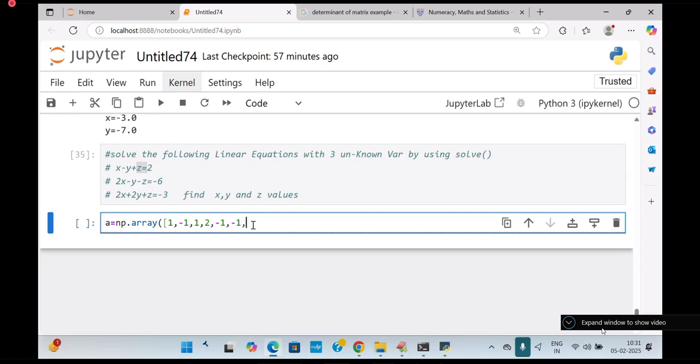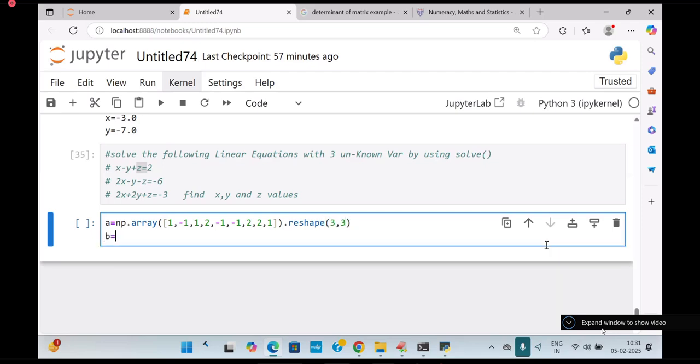Next, 2 comma 2 comma 1, dot reshape of 3 comma 3. B is equal to np dot array of 2 comma minus 6 comma minus 3. This is the one. Close.